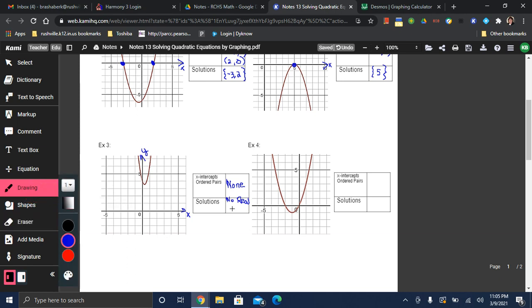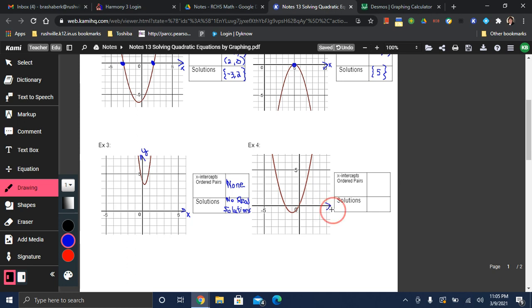Again, you'll learn more about that in Algebra 2. So that's why we want to just make sure that you know it does not have any real solutions when there are no x-intercepts. And then I just went ahead and put a fourth example back in here so that you could see one that has two solutions again.